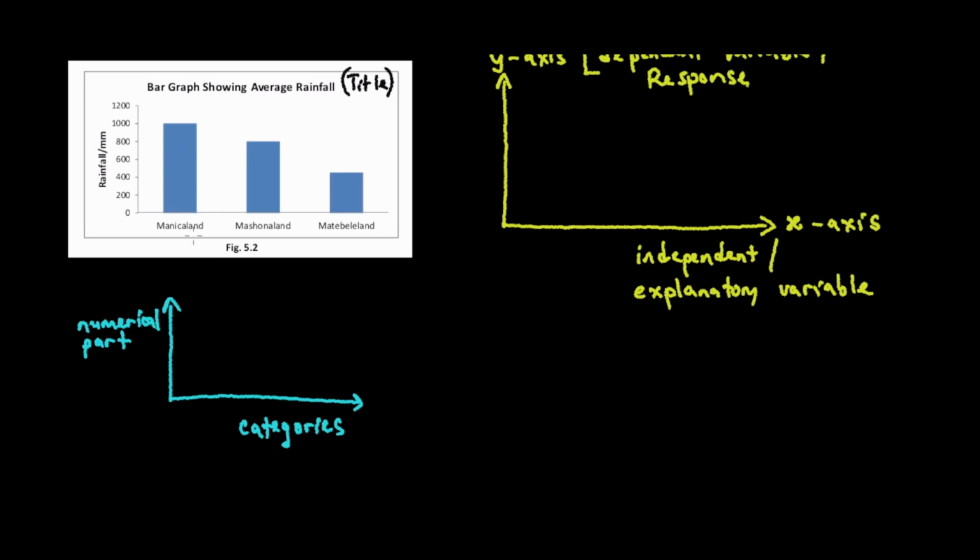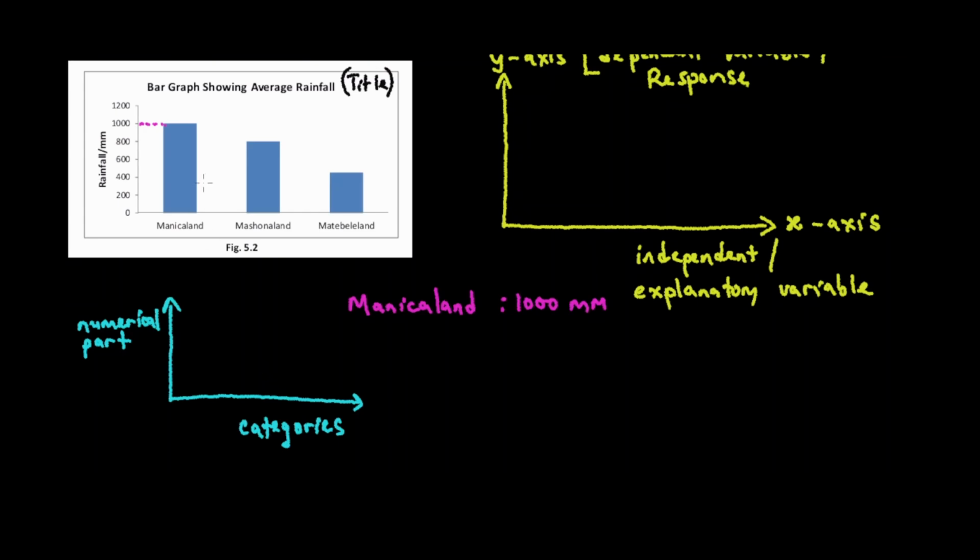Saka kuti tizive kuti muManicaland what is the average rainfall, tinongoenda pa peak pe this bar tovatadi totarisa kutaona kuti for Manicaland the average rainfall is 1000. Then my units are 1000. Tinoma wana kunoka angatori labeled. It's millimeters.